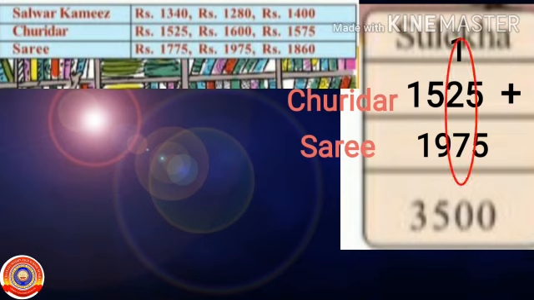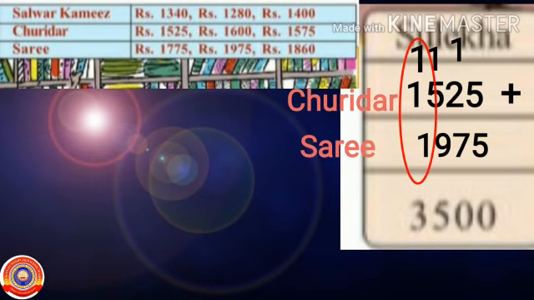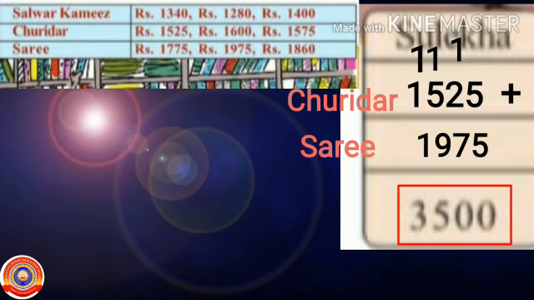For 10, 0 here and 1 is to be carried in the hundreds place. 9 plus 5, 14. Plus 1, 15. For 15, 5 here and 1 is to be carried in the thousands place. 1 plus 1, 2. Plus 1, 3. 3500. Sulekha can buy these 2 dresses with the 3500 rupees.